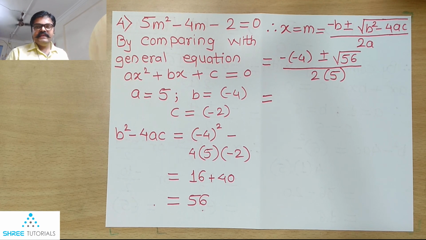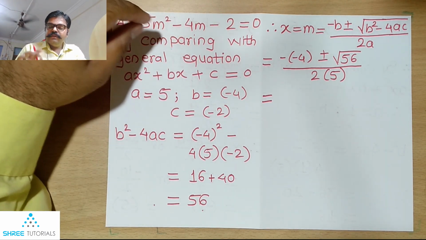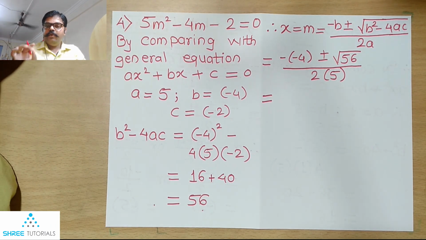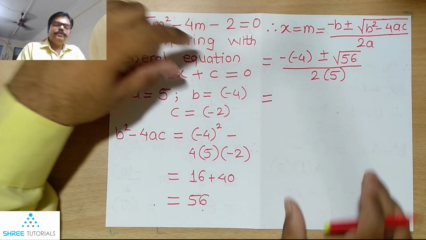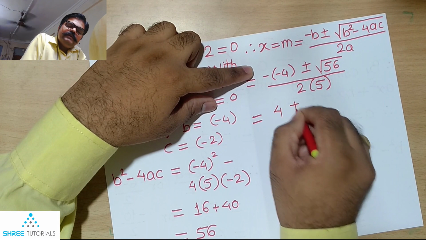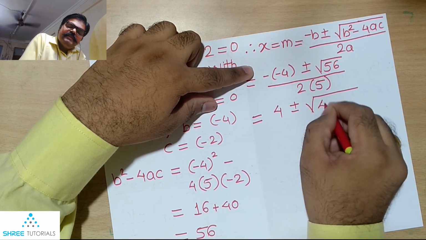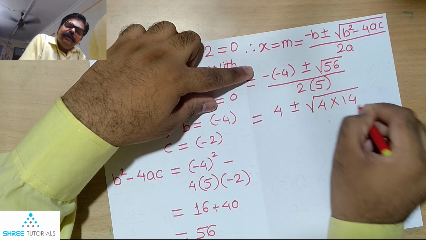Because 56 itself is not somebody's square. Therefore we are going to split it into two different parts. Please note the most important thing about those parts, that one of them should be a perfect square. So this minus and minus, they are going to be plus, therefore plus and minus. Kindly note, I am splitting this 56 such that 4 multiplied by 14.